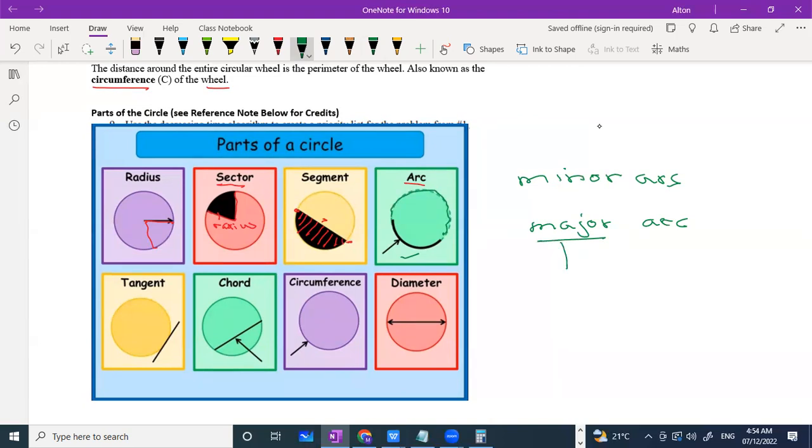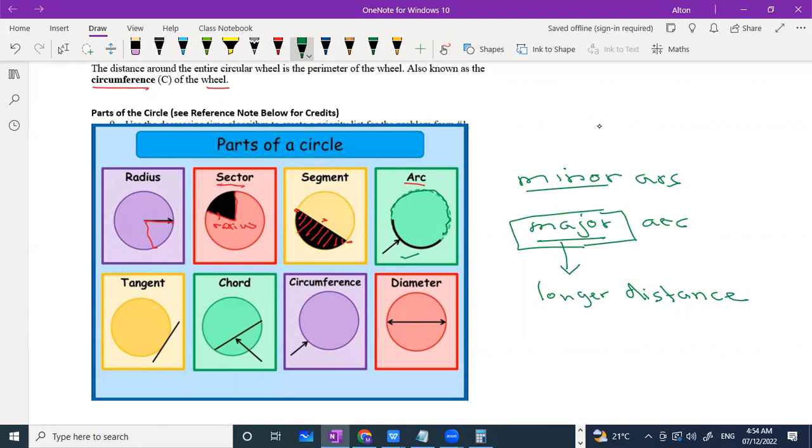So once you're comparing two parts of the circumference, once you have the longer distance along the circumference, that part corresponds to the major arc of the circle. And of course, in black, you have the shorter part of the circumference, and that is called your minor arc.